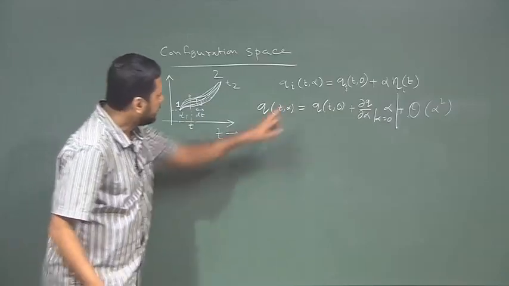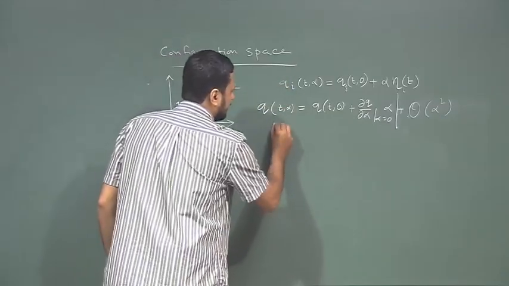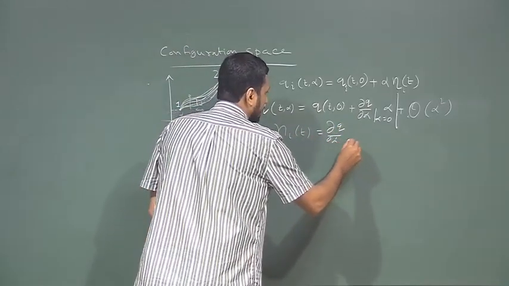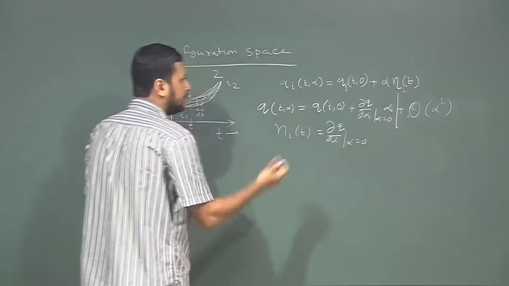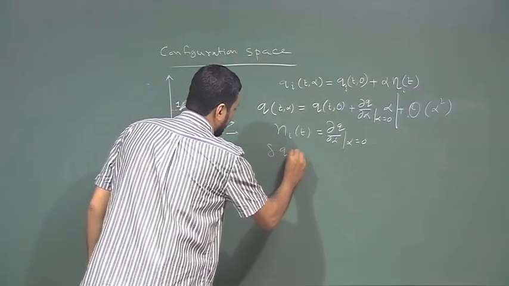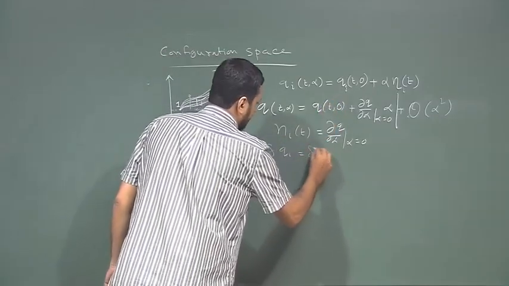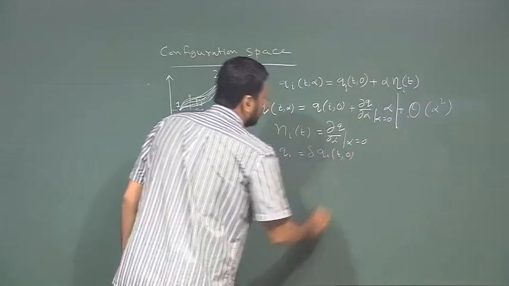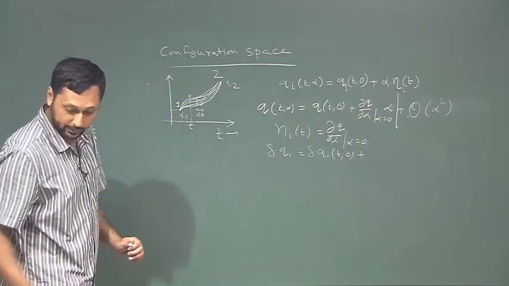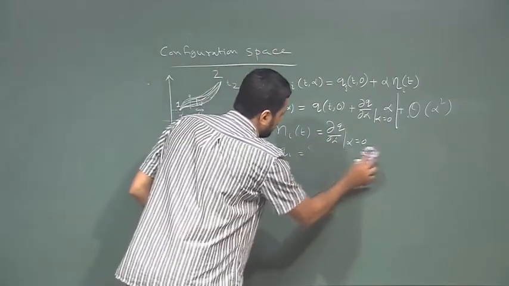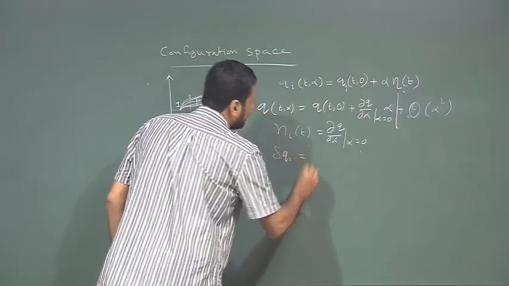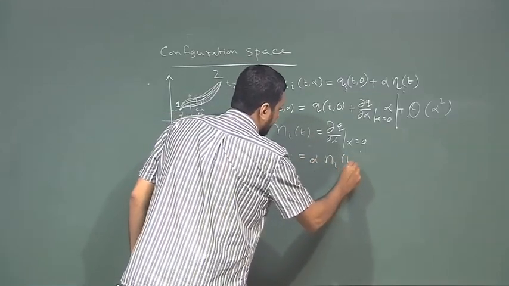Comparing these two equations, we see that eta_i(t) is nothing but del q del alpha at alpha equal to 0. What we can see is that the virtual displacement of q_i, delta q_i, will be nothing but alpha eta_i(t).